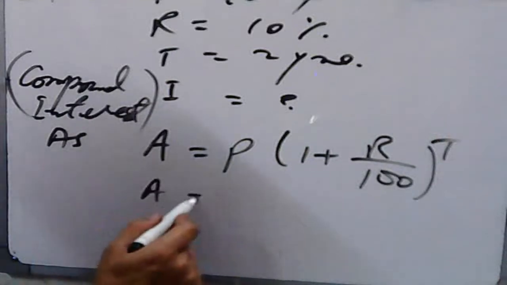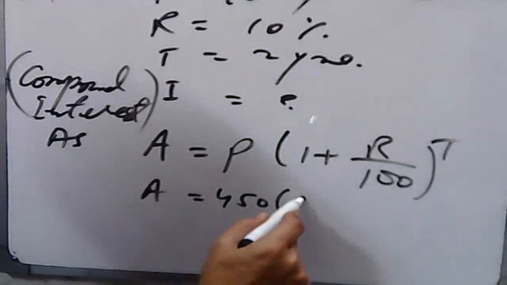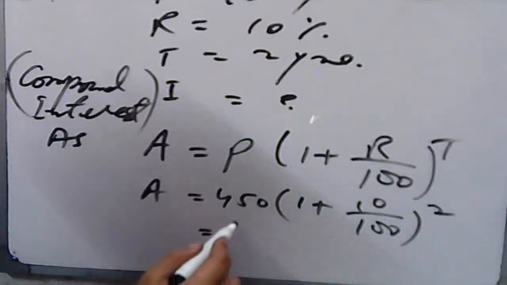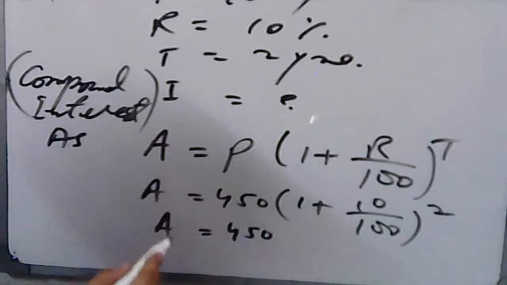So taking LCM, 450, that is 100 plus 10, 110 divided by 100 having square. With the help of calculator, you will get the amount is equal to $544.5. So that is your amount.